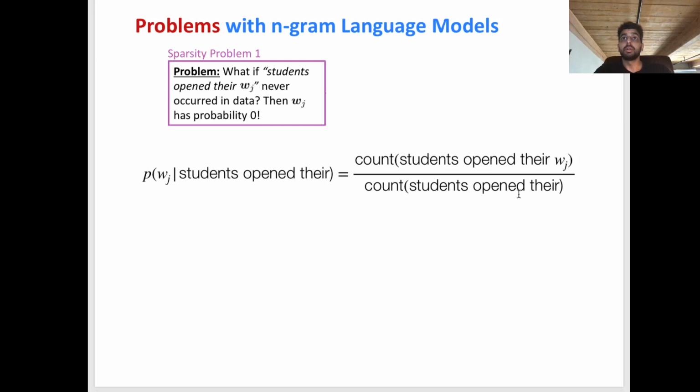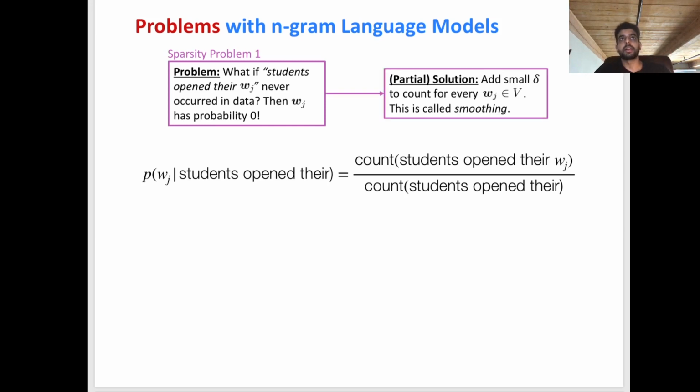That means this whole conditional probability is going to be 0. And that also means that if we see at test time any documents or sentences that contain this phrase, students open their W sub j, the probability of that whole piece of text is going to be 0. So this is obviously undesirable.